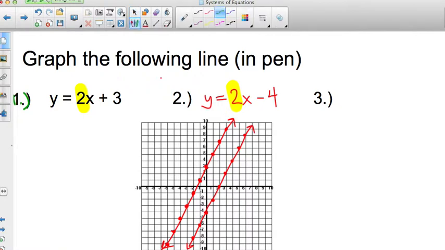Now, number 3, you can do it in a different color, pen, pencil, ink. I want you to graph y equals negative 1/2 x plus 1. I'm going to do it in green. You can graph it right now without me, or you can follow along with me.